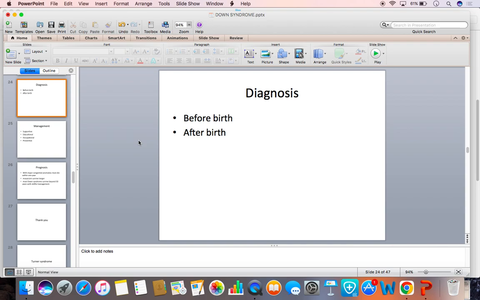Diagnosis can be done before birth or after birth. Mothers with risk factors, such as one child with Down syndrome in the family, irrespective of the maternal age, should be screened for abnormal karyotype before pregnancy itself.